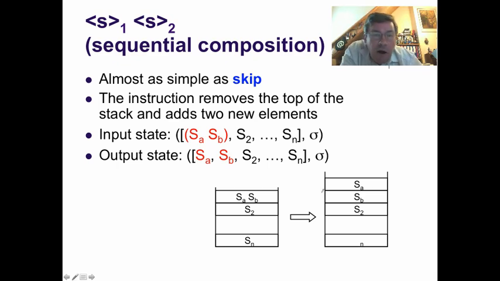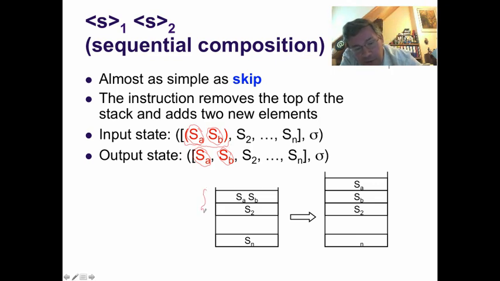Let's now take a look at sequential composition. This instruction is almost as simple as skip, a little bit more complicated. So on the input semantic stack, we have one instruction that contains two parts. Look here, SA and SB, which are inside this instruction. The output here will put these two as separate instructions on the semantic stack.